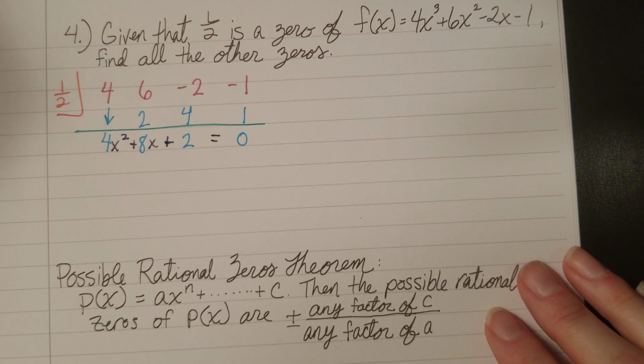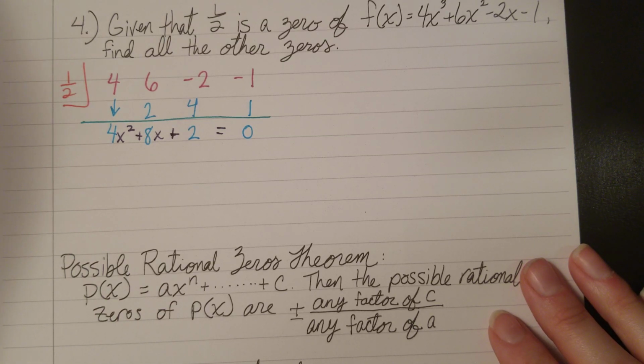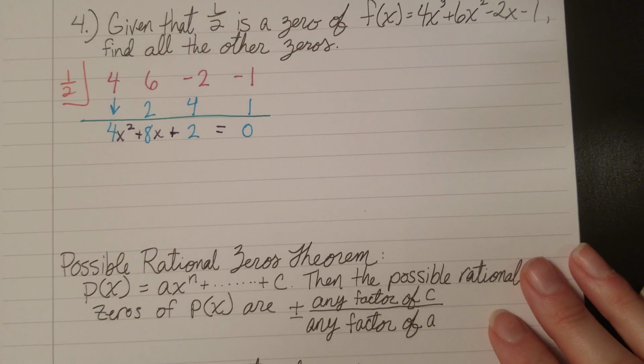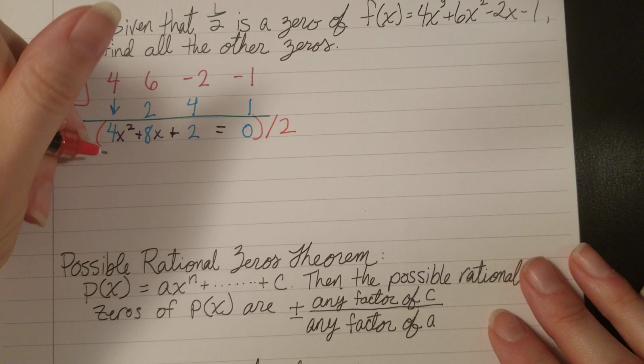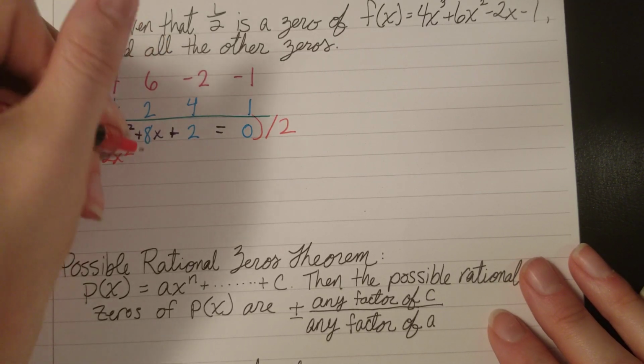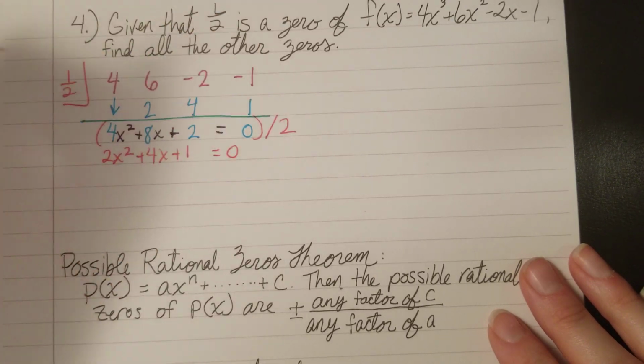That's what I need to do to find my other zeros. The first thing I notice is that all of my coefficients are divisible by 2, so why not divide everything by 2 and make it a little easier. That makes it 2x squared plus 4x plus 1 equals 0.